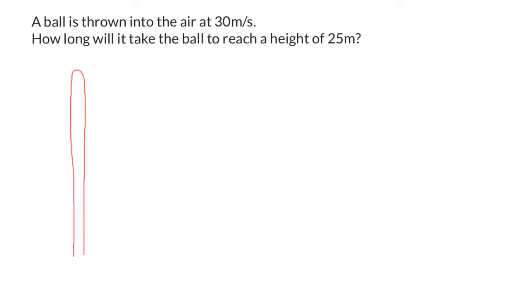And we do know that the starting velocity at the beginning is 30 meters per second. So down over here, we know that the starting velocity, V naught, equals 30 meters per second.